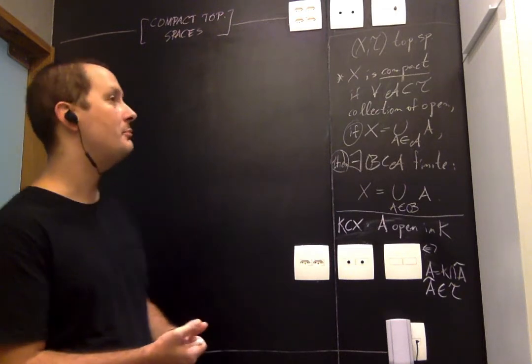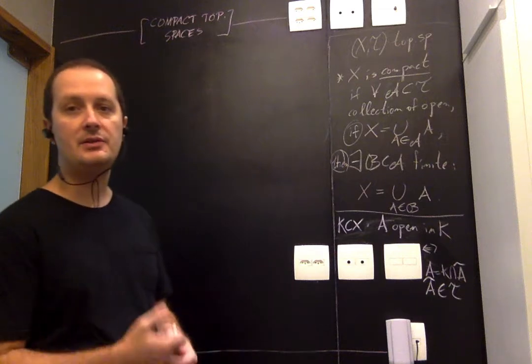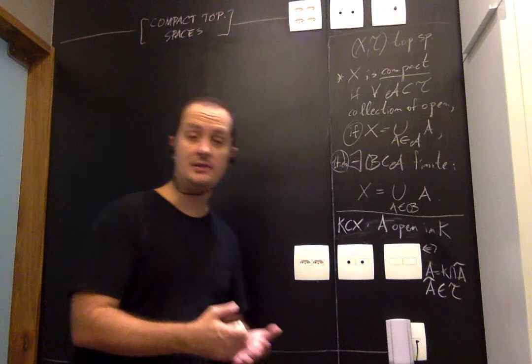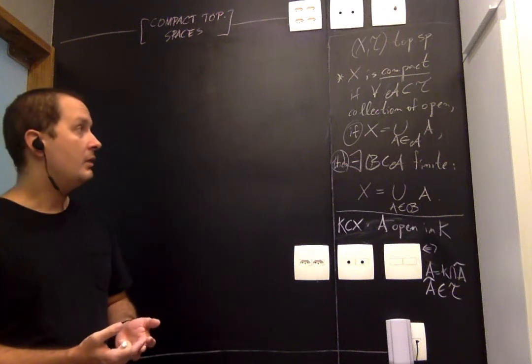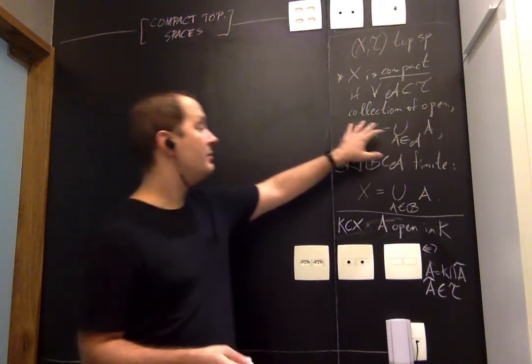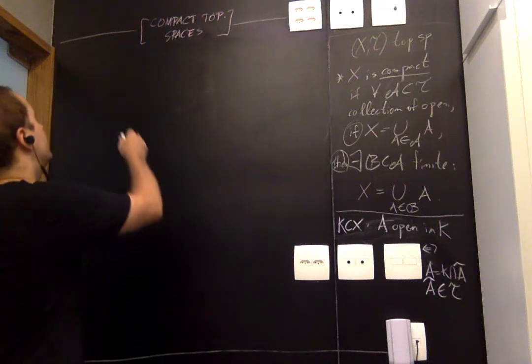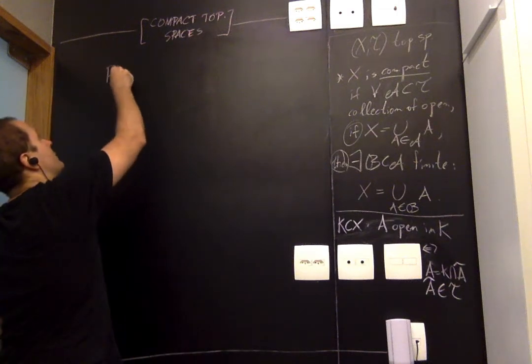Remember that we proved that the union of any collection of open sets is still open, and therefore the intersection of any collection of closed sets is still closed. So now that we have this, we want to find a version of this definition that involves closed sets. And that's our proposition here.